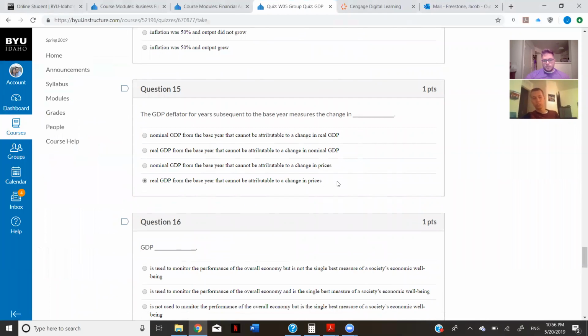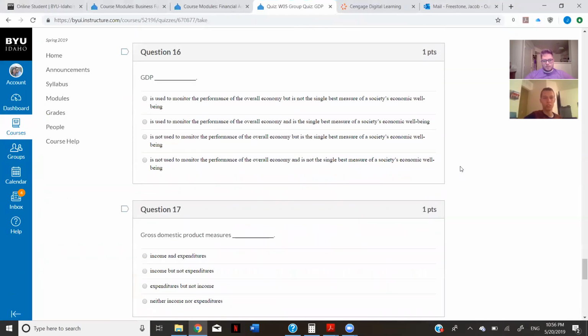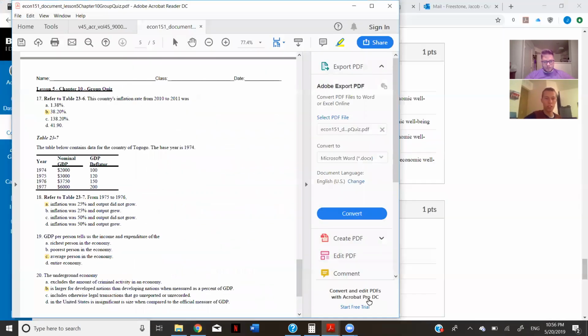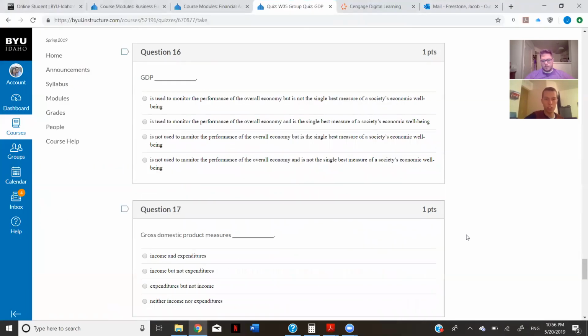The next one is the GDP deflator for years subsequent to the base year measures the change in what. You said was A from the reading. Yes. Okay. Number 16, it just says GDP. Oh, no, that was like the one, right? I think that was number 1, which we put as B. Wait. You find it?